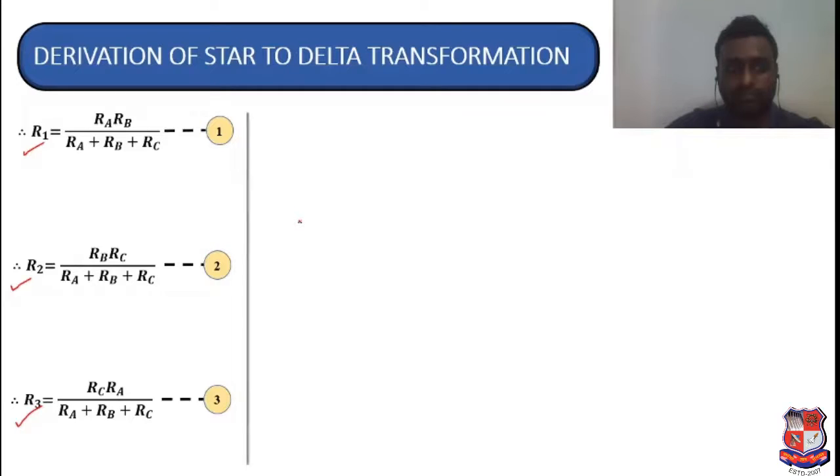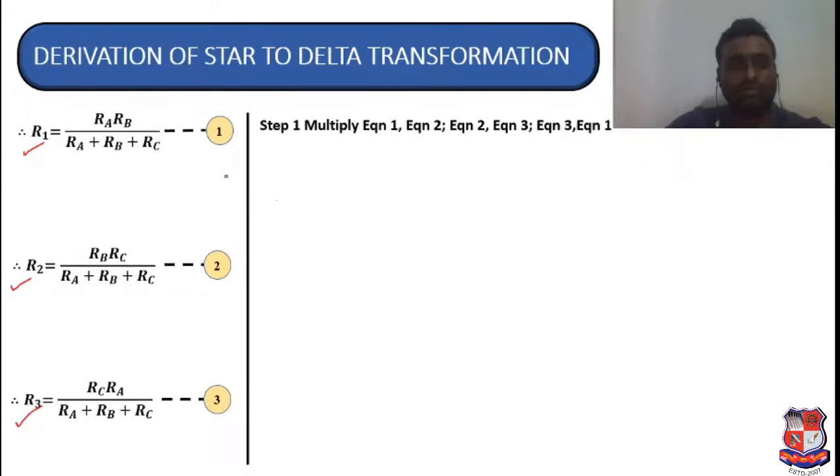Using this, first let us multiply R1 with R2. Similarly, R2 will be multiplied with R3, and R1 will be multiplied with R3. So we will multiply the 3 equations with each other.